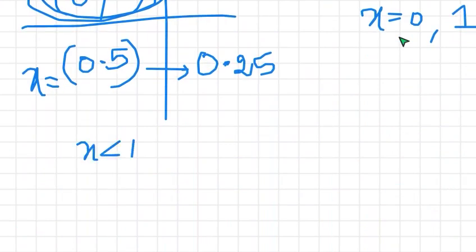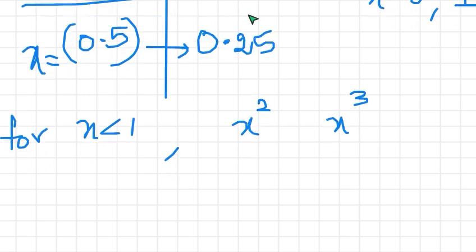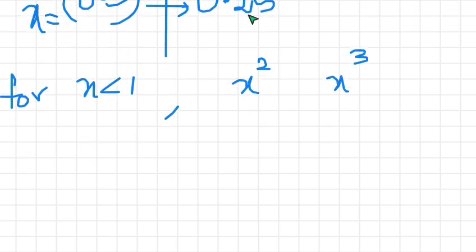So for x less than 1, x power 2 is greater than or less than x cube? Can you answer? So x squared is greater than x cubed, and x square is less than x.